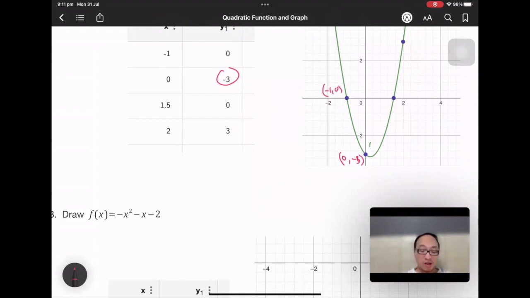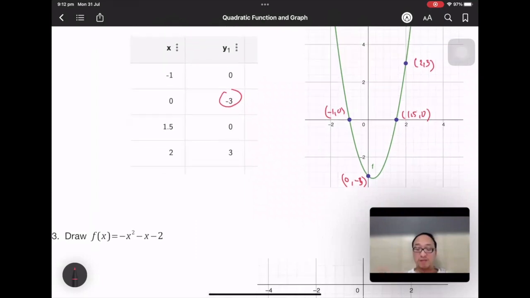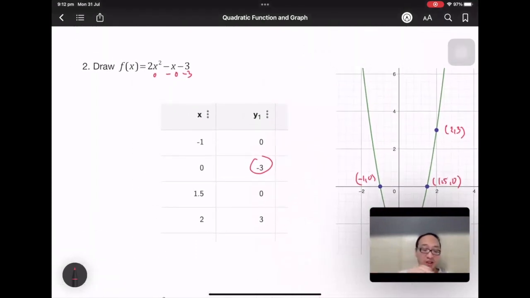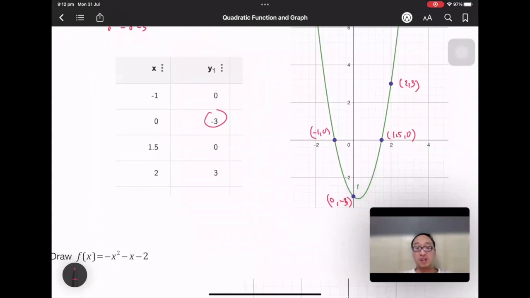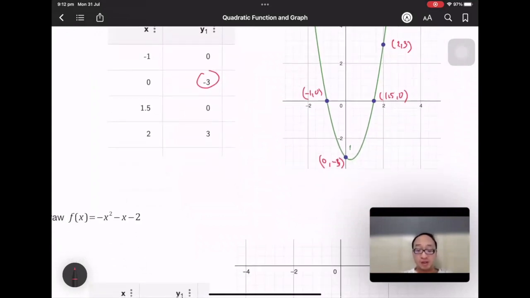And then 1.5, 0 here, and also 2, 3 here. Since a here is 2, a is greater than 0, so it will be a U shape facing up with the minimum vertex.